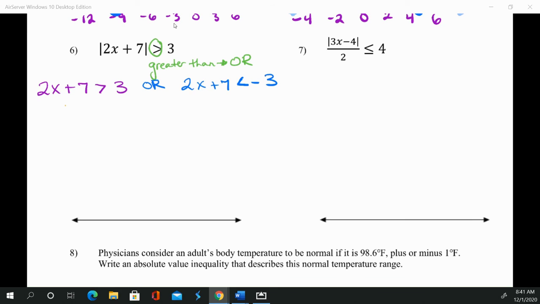So the first step for solving, we're going to be subtracting 7. So for the left side, I get 2x is greater than -4. And the other one, I get 2x plus 7 is less than -10. Oh, 2x is less than. Oh my gosh.